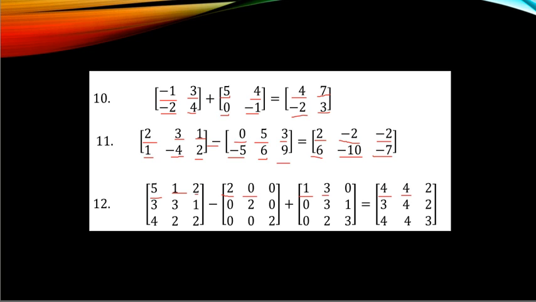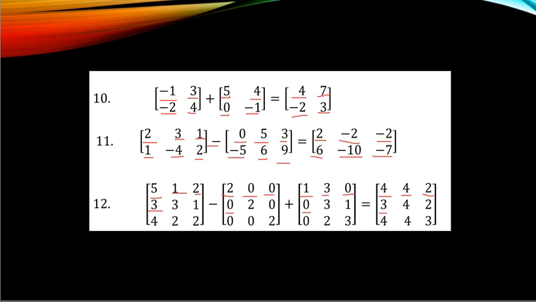Followed by 2 minus 0 is 2. 2 plus 0 is 2. That is the 2 that you have here. We move to the second row, where you have 3 minus 0 is 3. 3 plus 0 is 3.